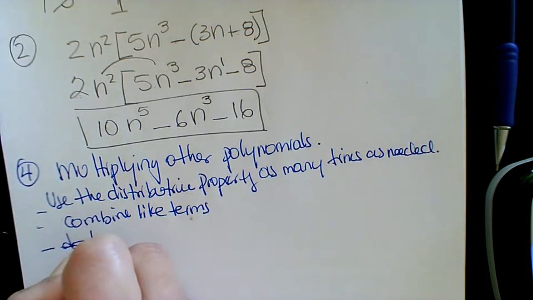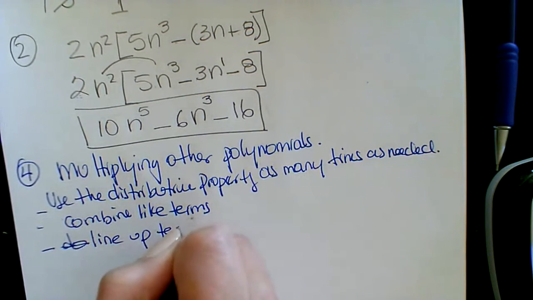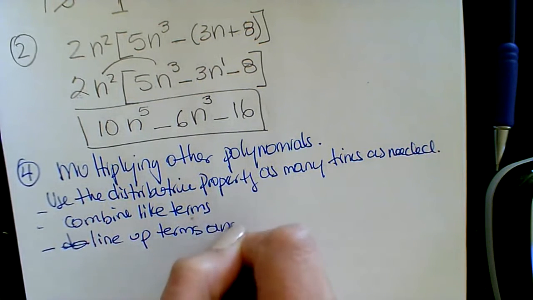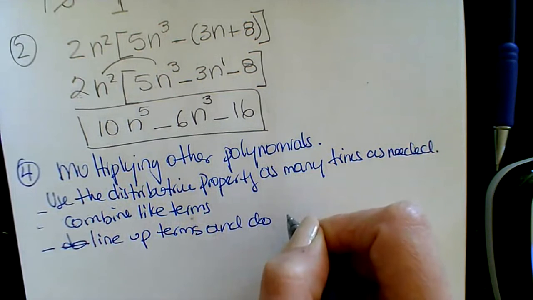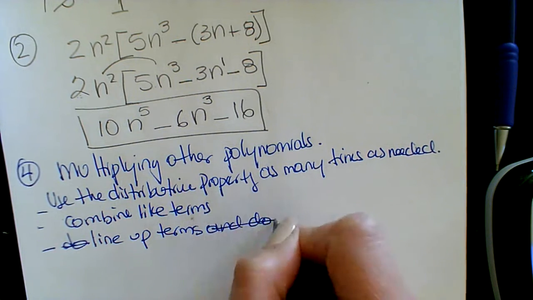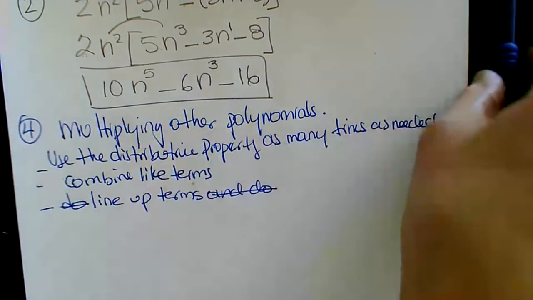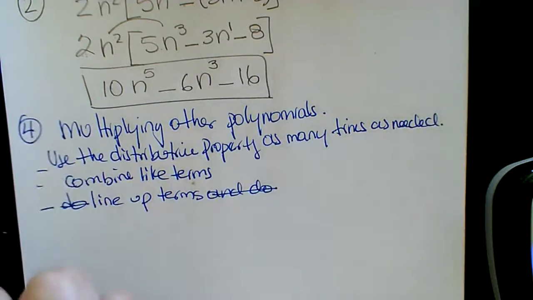So you're going to line up terms. I'll show you what I mean. That was mainly in the addition and subtraction, but here we might have to do that too.